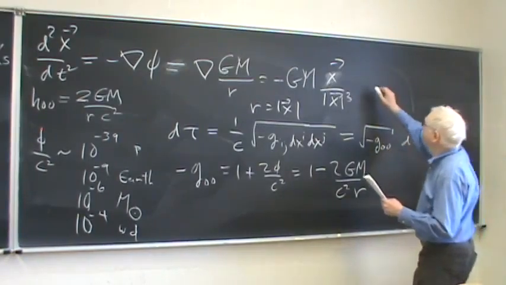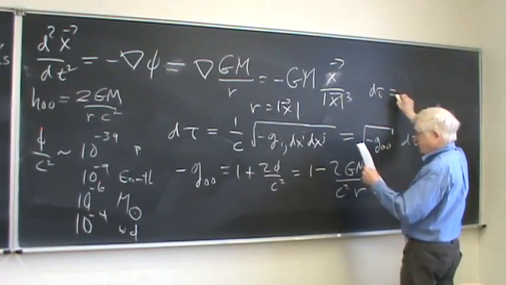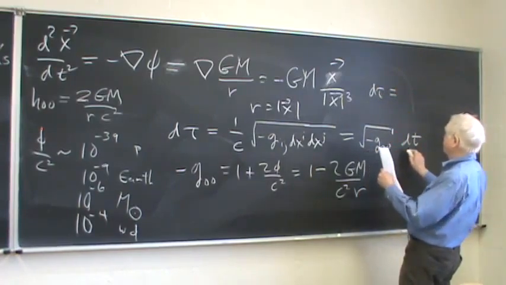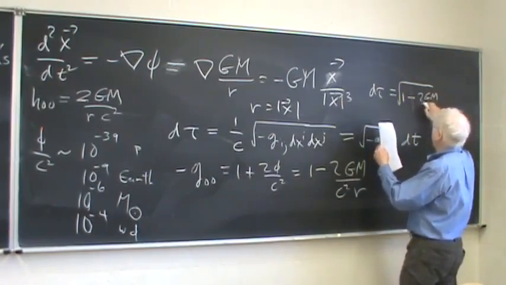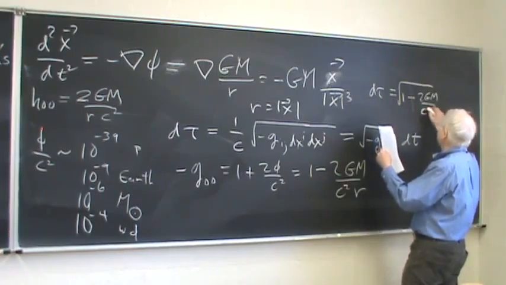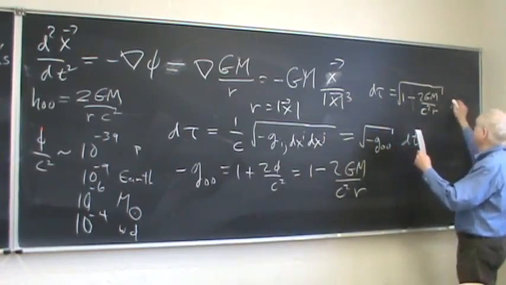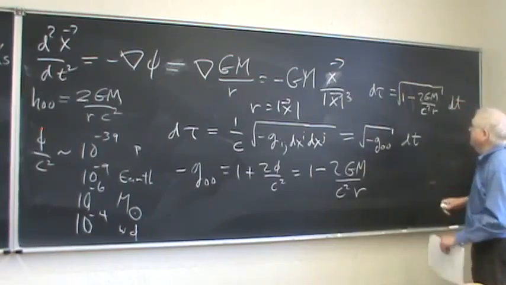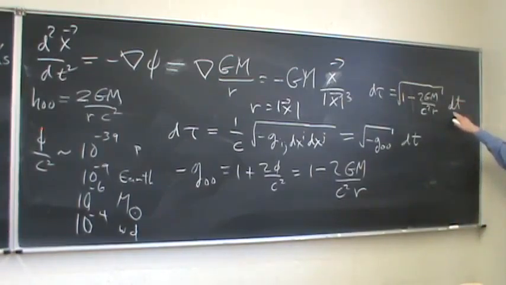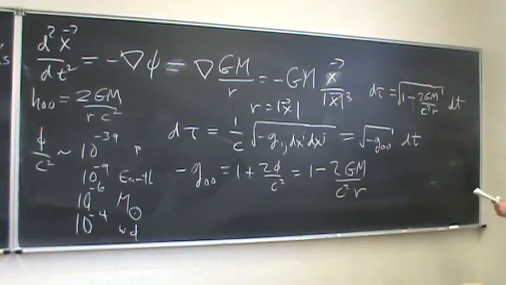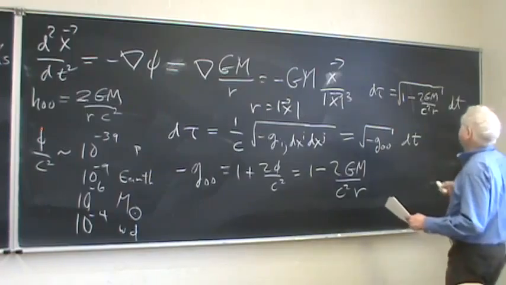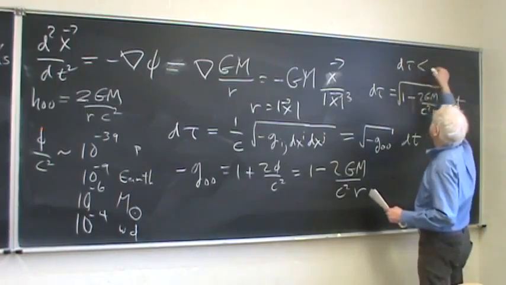And so, in other words, we have d tau equal to the square root of minus g00 dt, or the square root of 1 minus 2GM over c squared r, times dt. Okay, so these are our laboratory coordinates, and this is the actual proper time. And so what you see here is that d tau is less than dt.